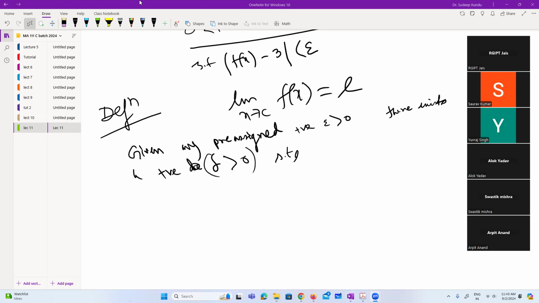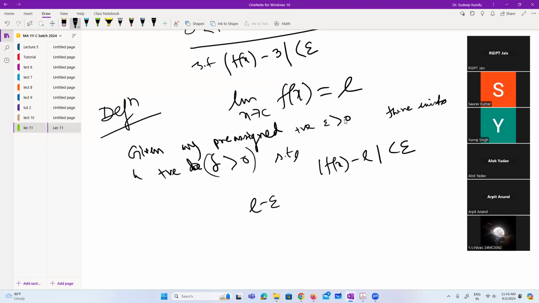Is it too difficult? That mod of f of x minus L is less than epsilon, right?